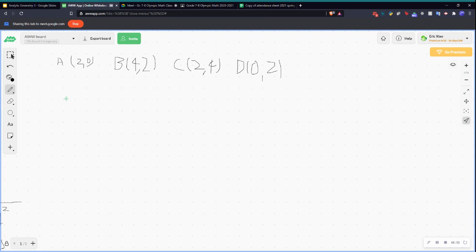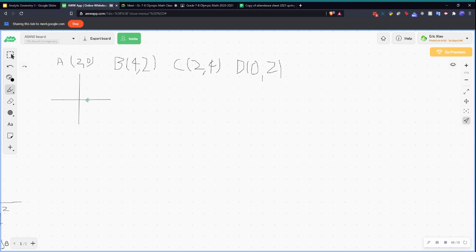All right, perfect. If you want to draw this out on a graph, that would actually be very helpful. You just want to visualize whether it looks like a square or not. It's good to know. Let's use circles to represent the points. So (2, 0) is right here. Let's use a marker.